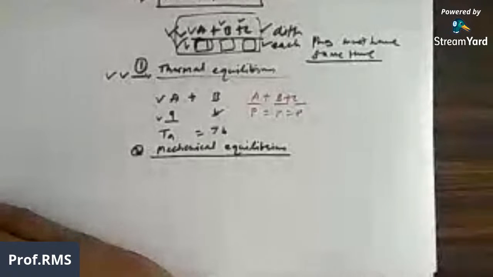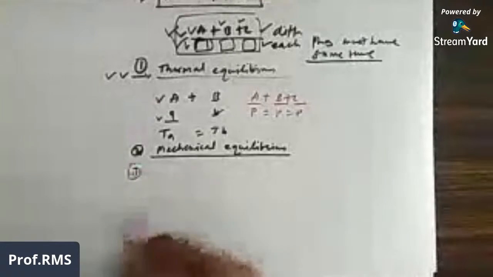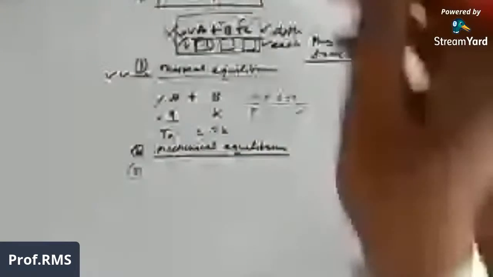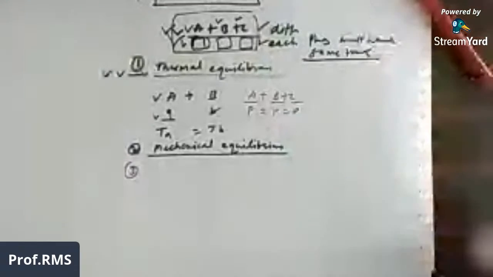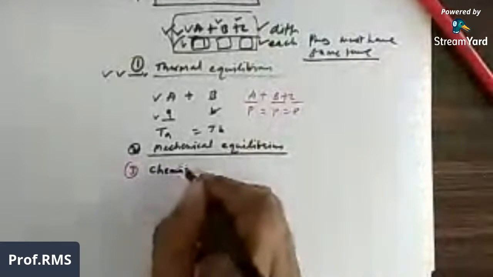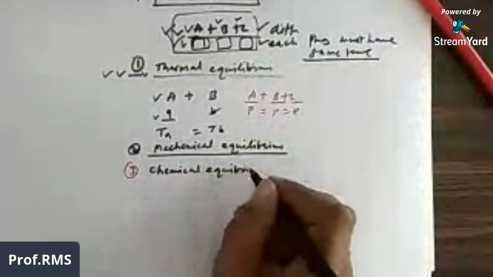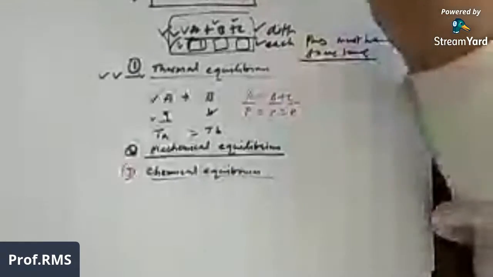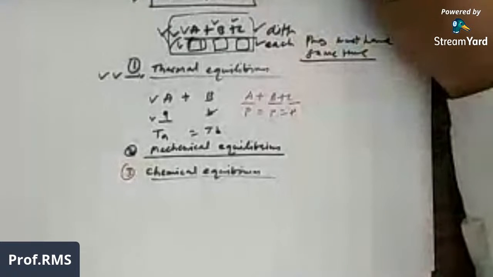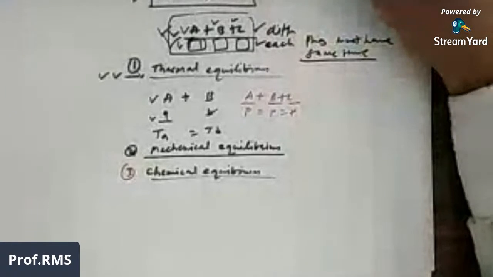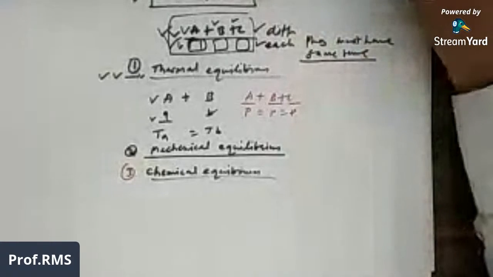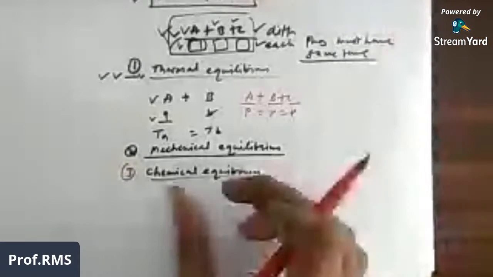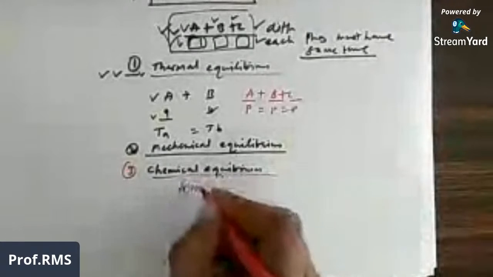Now, the third and most important condition for equilibrium is chemical equilibrium. The chemical potential of any component should be equal in each phase. Again, consider the multi-component system.